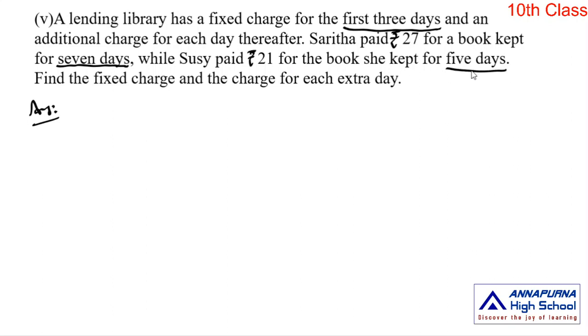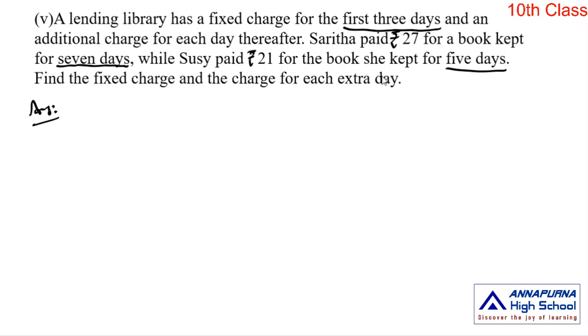That means in these 5 days, fixed days and additional days are also involved. But in the taxi fare sum, we take these two quantities as the additional distance covered. But here the fixed charge is given for the first days, that's why we treat 7 days and 5 days as the total number of days.